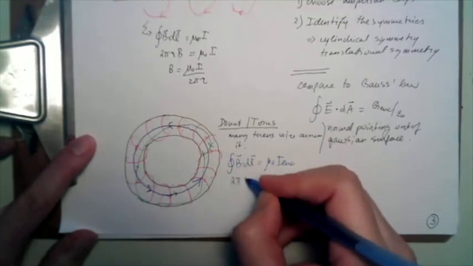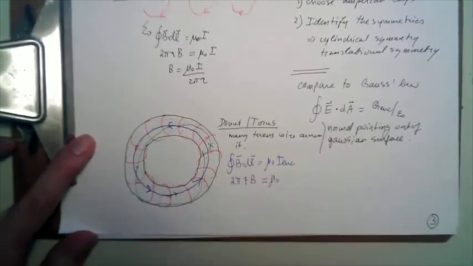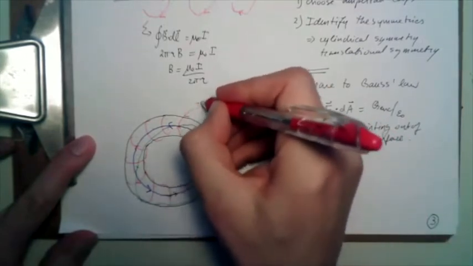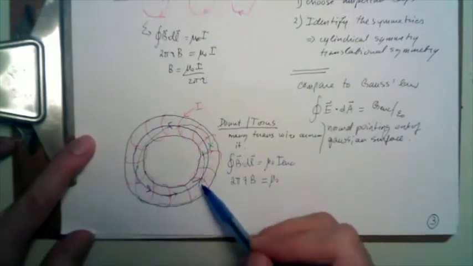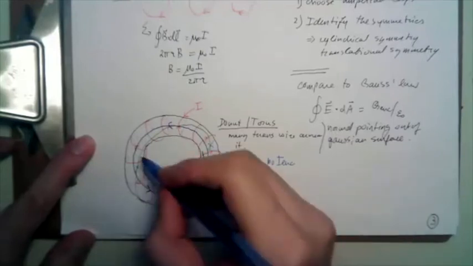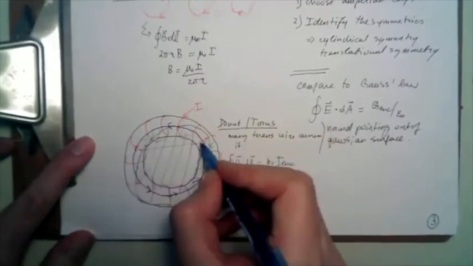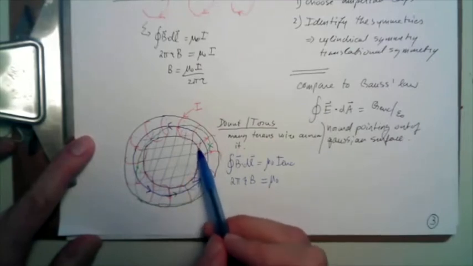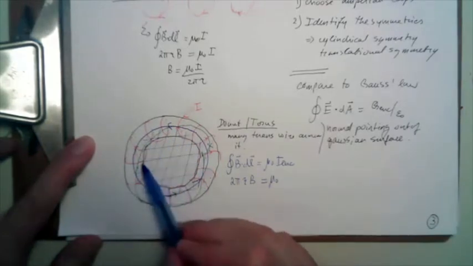So you will get 2 pi r times B is mu naught I enclosed. Well, what is I enclosed? In this case, it is the total current, so let's call that current I, and it's the total current that pokes a hole in the soapy membrane that is spanned by this Amperian loop. So let me draw that. This is the soapy membrane, and the question is, what is that current doing? Well, it's basically poking a hole every time one of these goes through here.